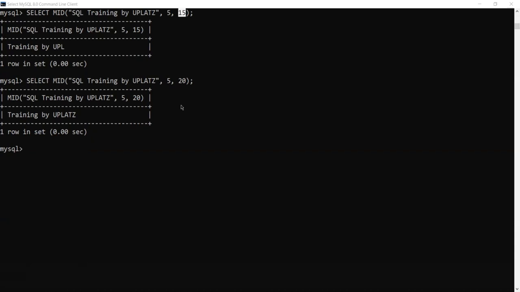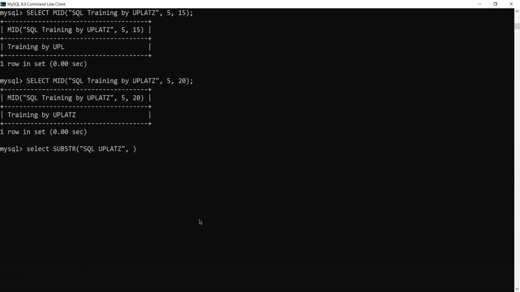Let's say I have something like this. Select, I have to give the string first, so let me give SQL uplats. Then I did not mention the function name. The function name for substring is substr.